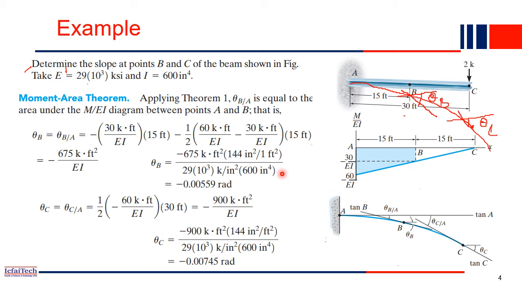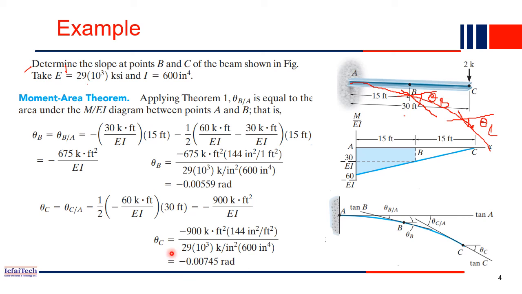If you see the last theorem, theorem 2, we have discussed this. Whatever area we have calculated, if you multiply it with the distance 15, then you will get the deflection at this point B.